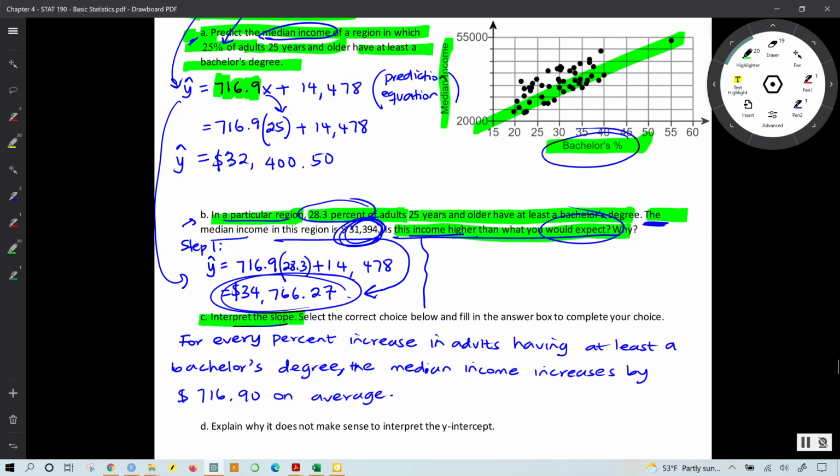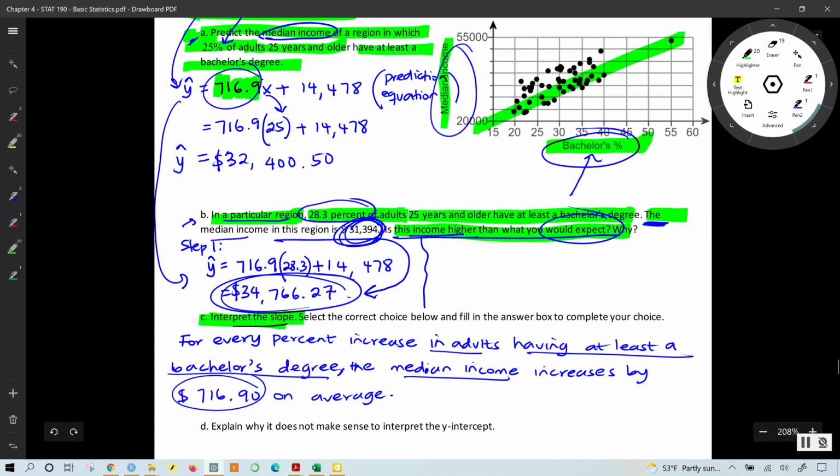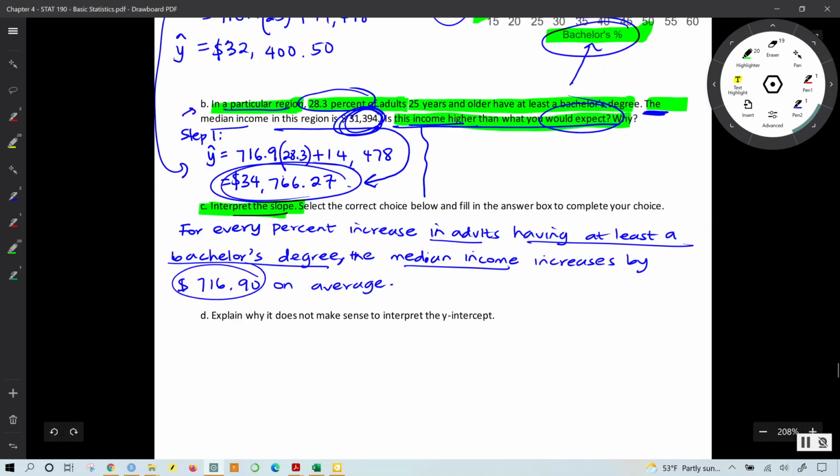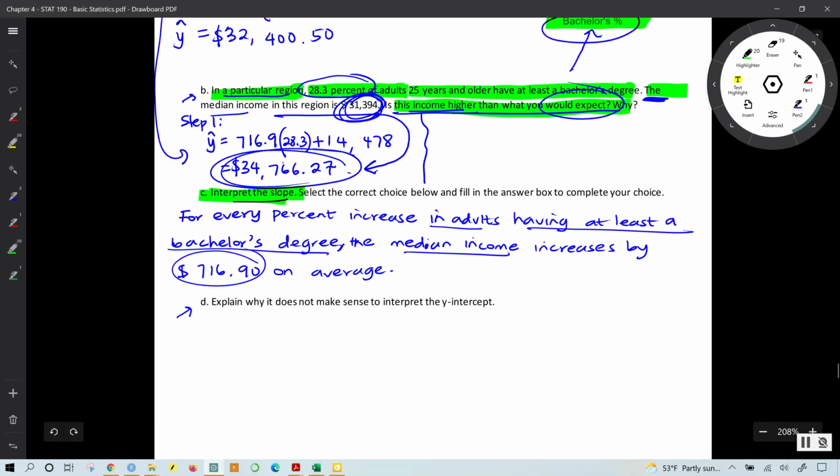So, to interpret the slope now, we can say that for every percent increase in adults having at least a bachelor's degree, we expect the median income to also increase by a certain amount. And that amount on average is the value of the slope, which is $716.90.